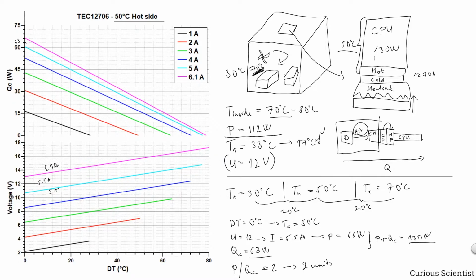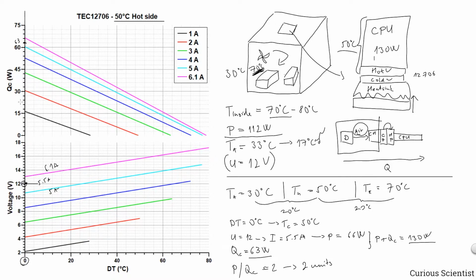So the DT is the temperature difference between the hot side and the cold side. And if the temperature difference is 0, we have to read the performance chart: if we have DT equals 0 and we can provide 12 volts, what is the current that we can run through the device? Then we see that we can run 5.5 amps.